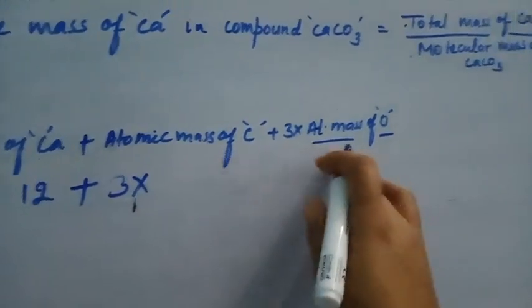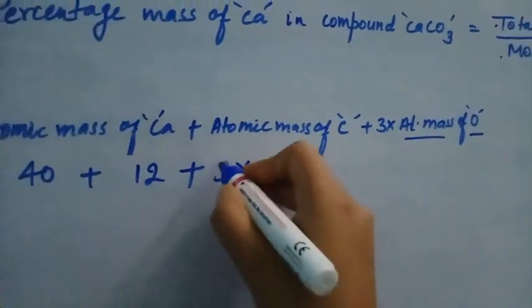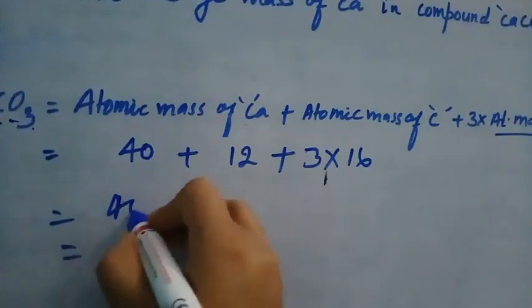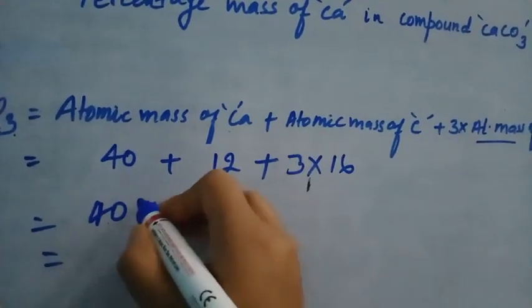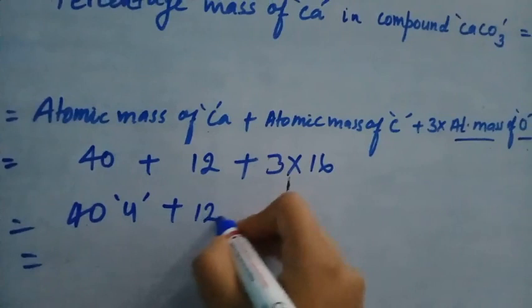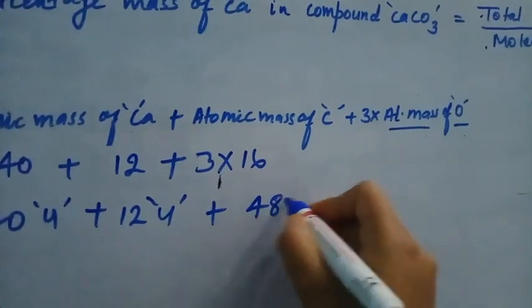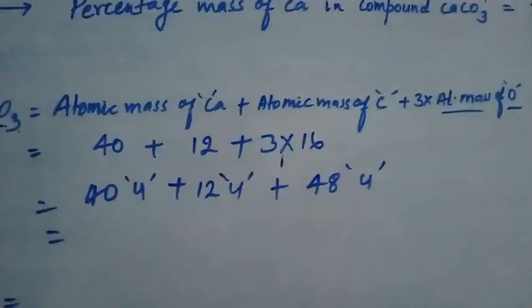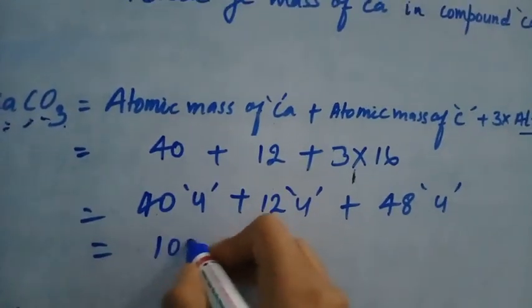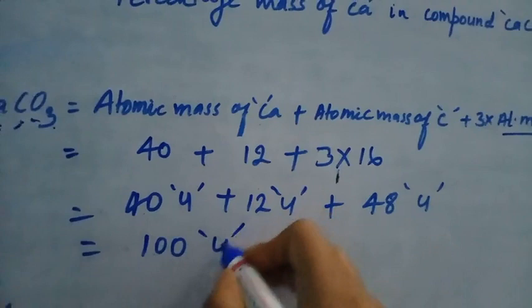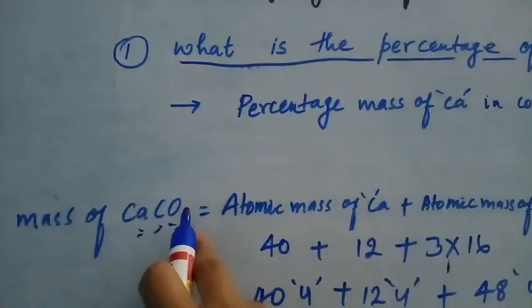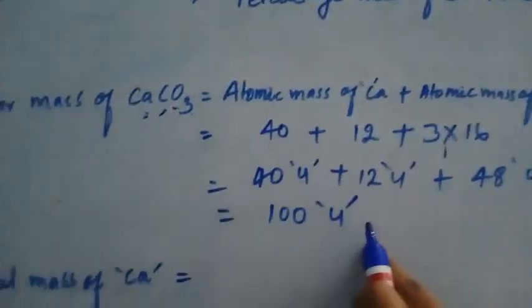What is the atomic mass of oxygen? 16. So here we will get 40 u plus 12 u plus 3 into 16, that is 48 u. So when we add up all, we will get 100 u or amu. So we have got molecular mass of calcium carbonate as 100 u.